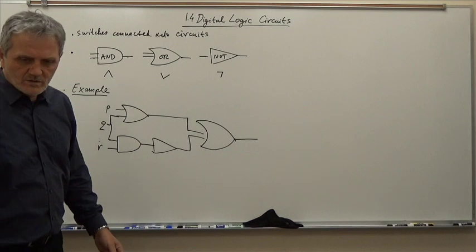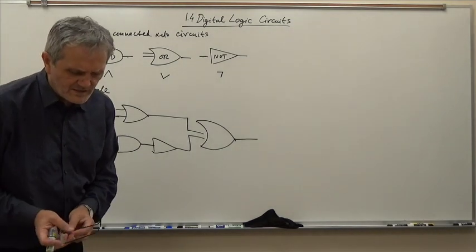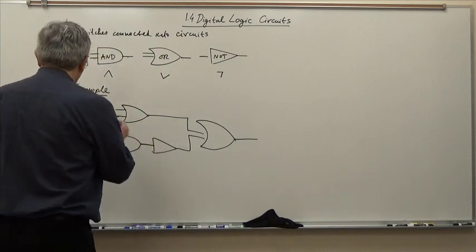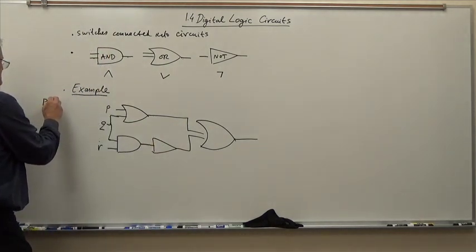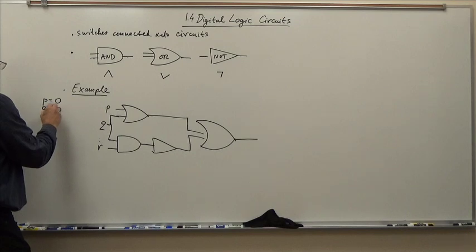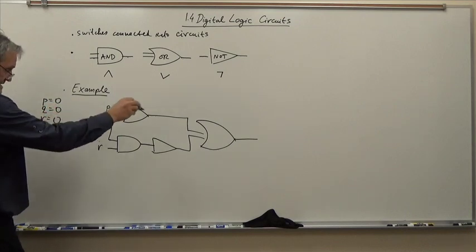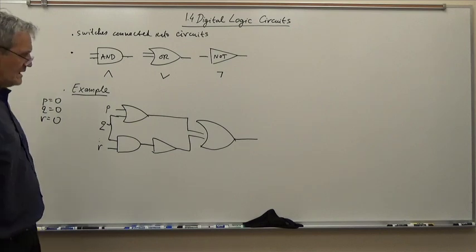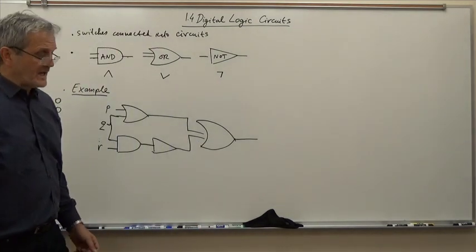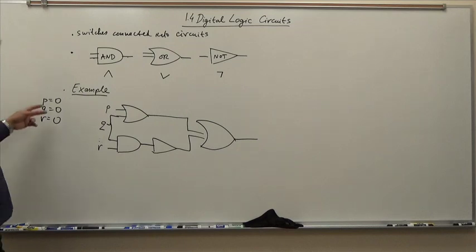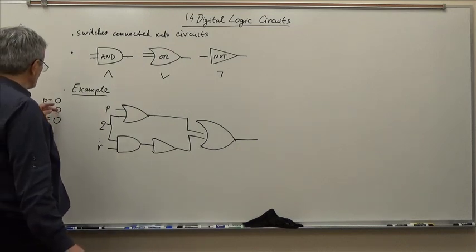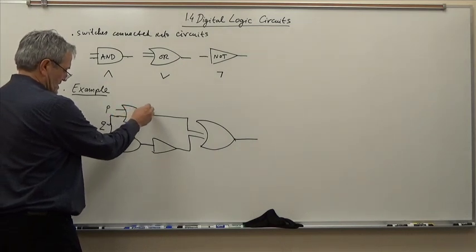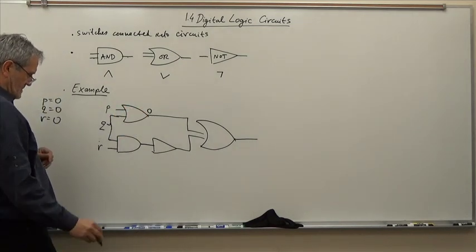The question we ask in this problem is, if all three of them are 0, what will happen at the end? That means all three switches are turned off. Are we going to get an on or off status? Since P and Q are both zeros, the junction here will give us a 0.